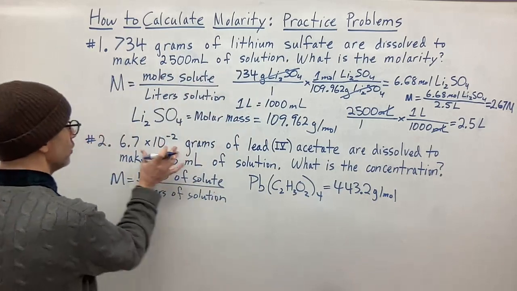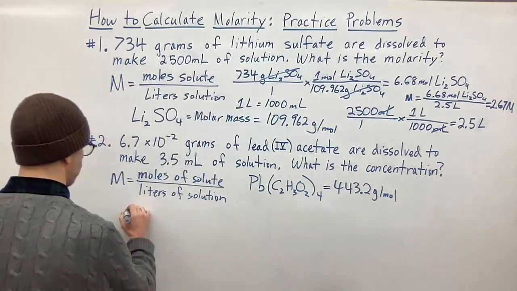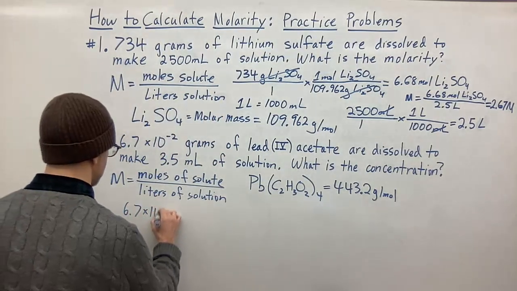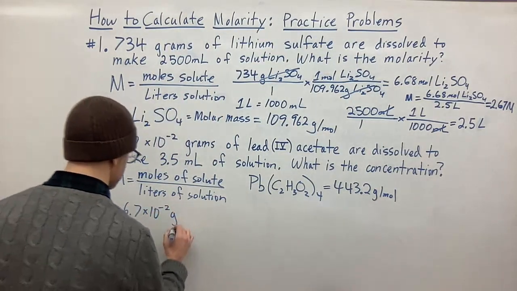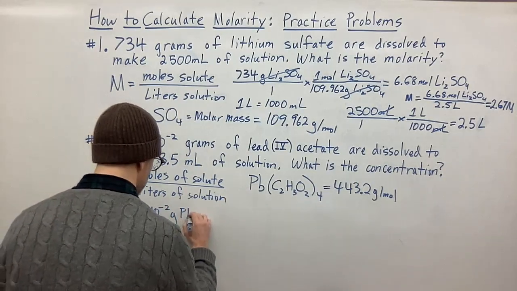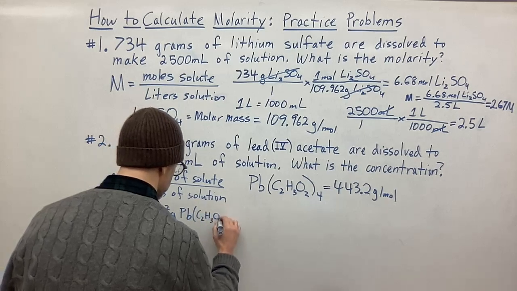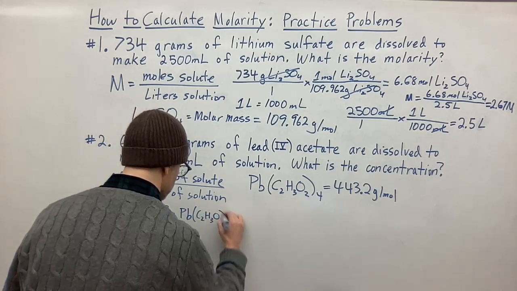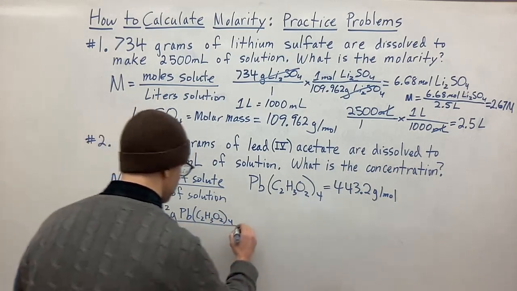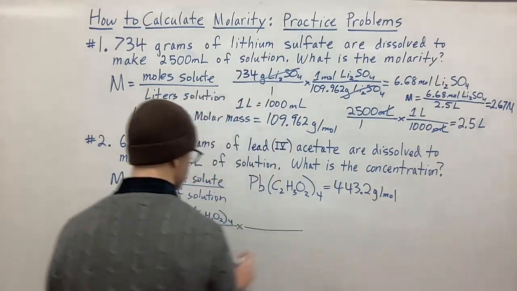So there's my conversion factor. So I'm going to convert these grams into moles. So here we go. I'm going to have 6.7 times 10 to the -2 grams of my lead 4 acetate, Pb(C2H3O2)4, over 1. Multiply that by my molar mass as a conversion factor.